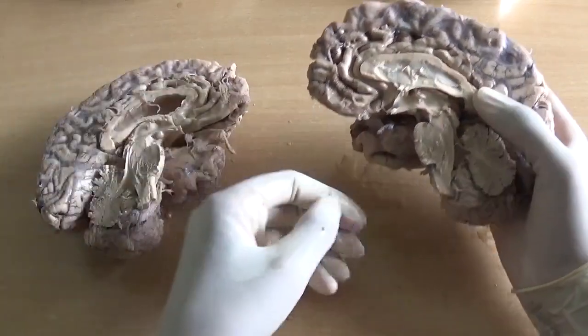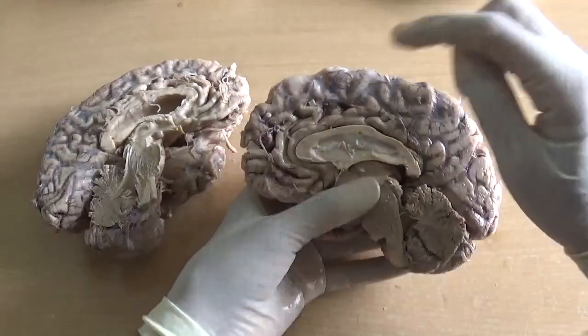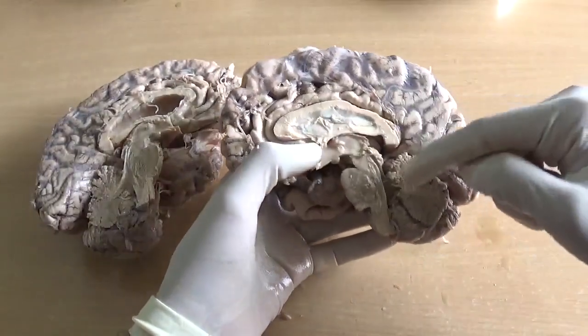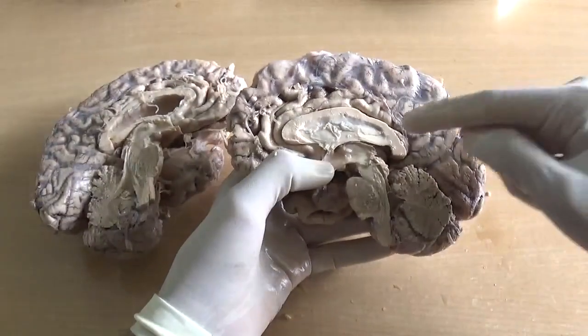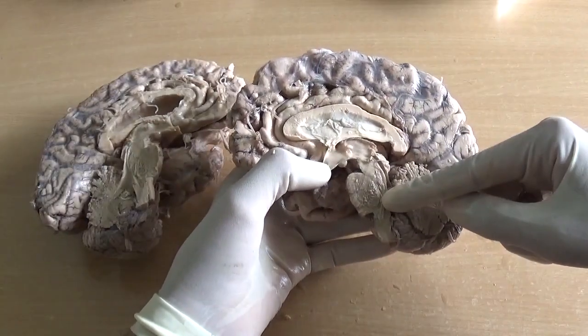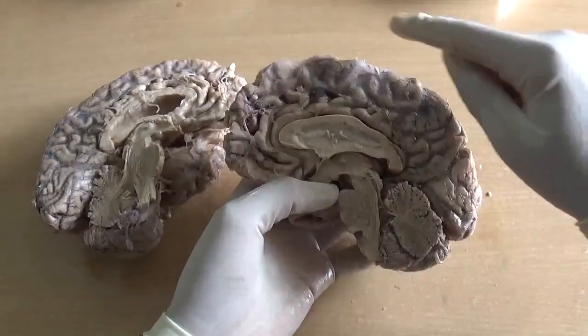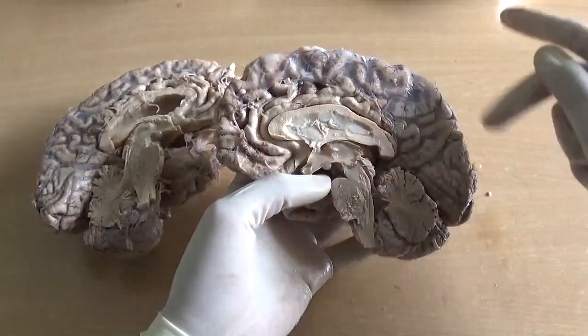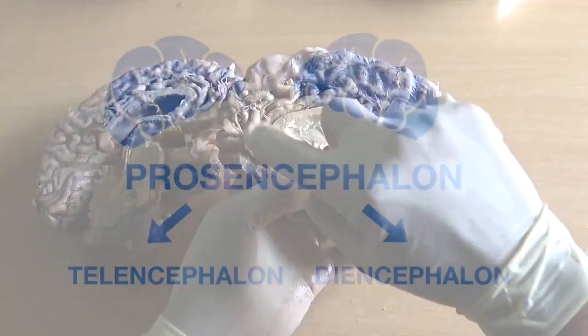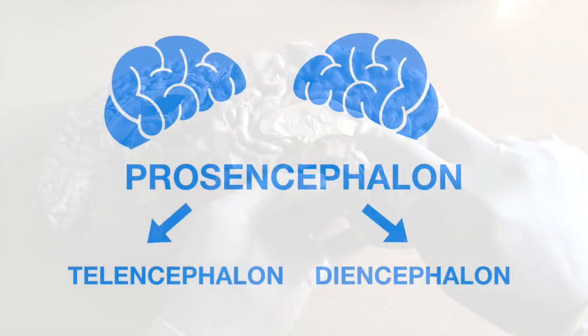Developmentally, as I told, it is made up of forebrain, midbrain and hindbrain: prosencephalon, mesencephalon and rhombencephalon.